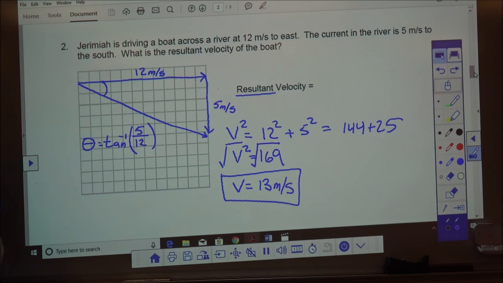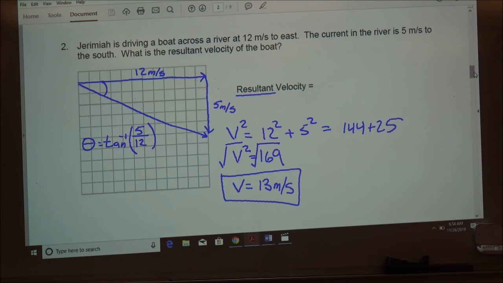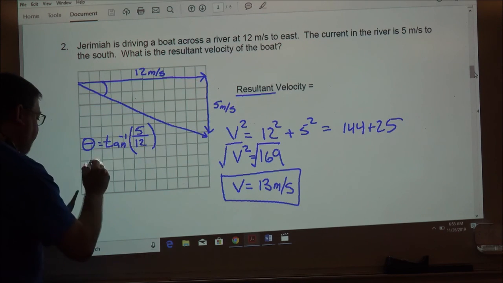And if I calculate that out, what do we get? So we divide that out and we get 22.6 degrees.